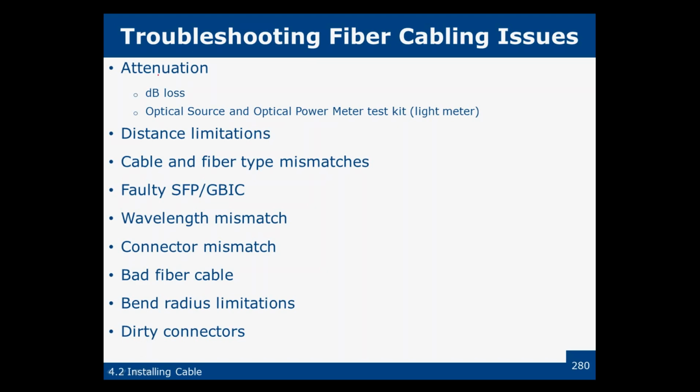Troubleshooting: we have attenuation. Attenuation is the loss of signal, dB loss. Fiber has attenuation just like copper does, but it's not nearly as severe, so you can usually go farther with it.